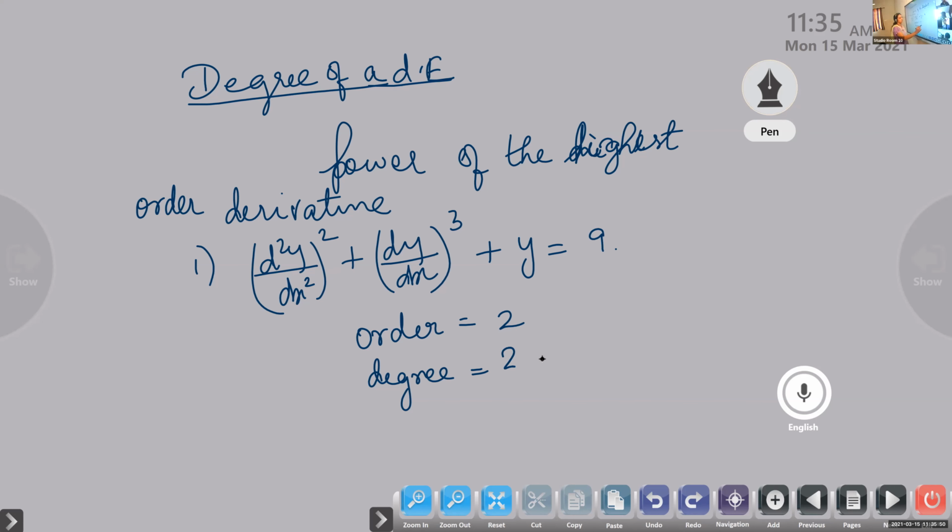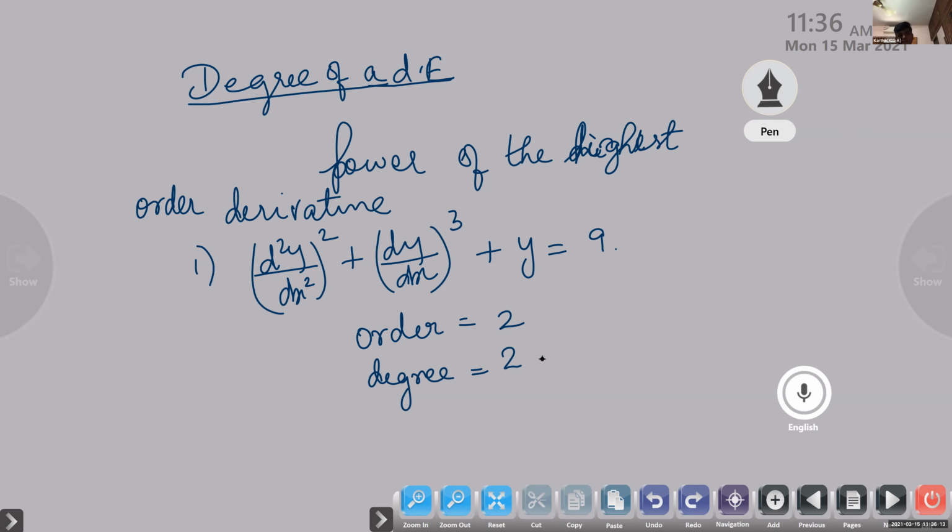So order is 2 and degree is 2. After removing the radicals, here no root. Whenever we have a root, we should remove it, and after that only you have to check. Is it clear? Yes, ma'am.